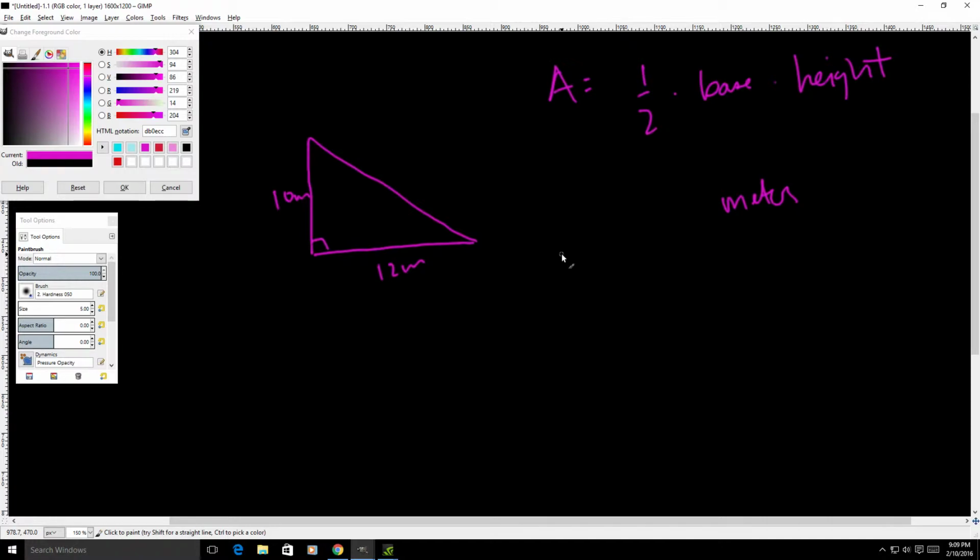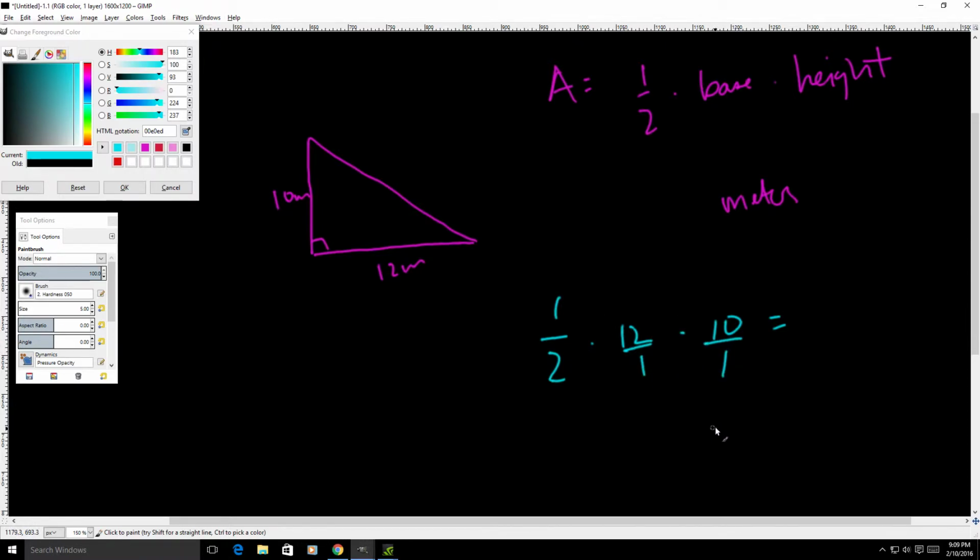Again, the area is just 1/2 the base times the height, so we get 1/2 the base, which is 12, times the height, which is 10. So really, we can just multiply across on these as well.